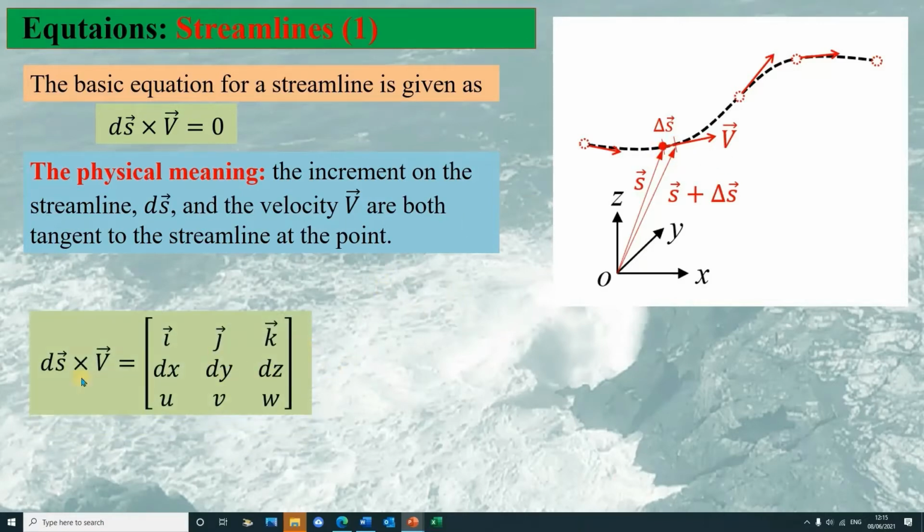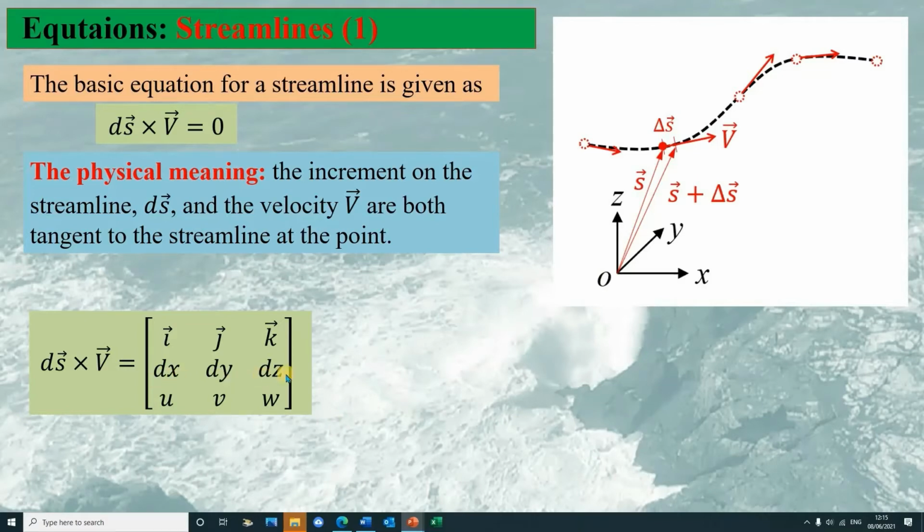So in calculation of this cross product, we have the expression given as this. The first row, vector i, vector j, and vector k, are the unit vectors along the x-axis, y-axis, and z-axis respectively.